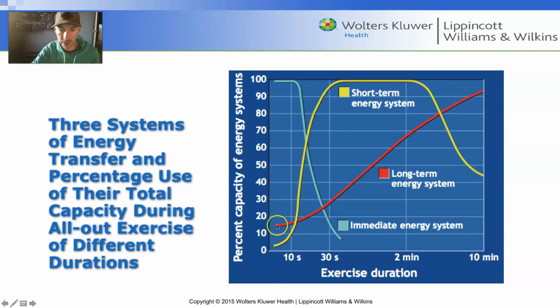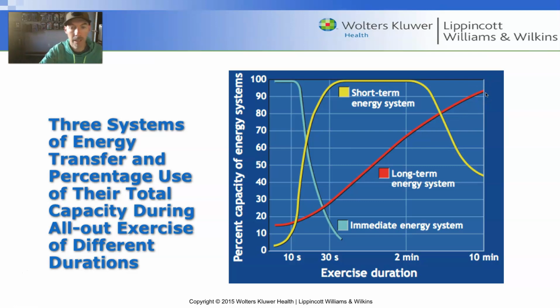So this graph shows us that anything beyond 10 minutes is almost exclusively using your aerobic or long-term energy system. So this is going to be the primary energy system you would want to train to get good at that activity.